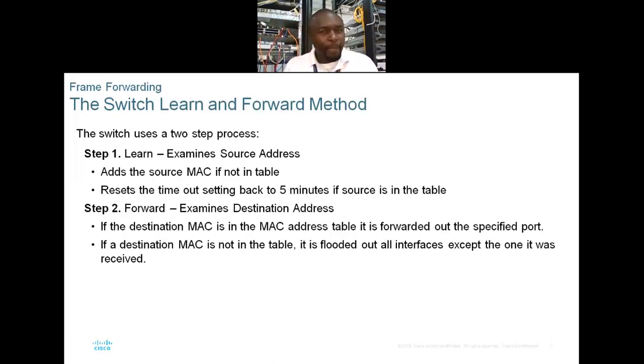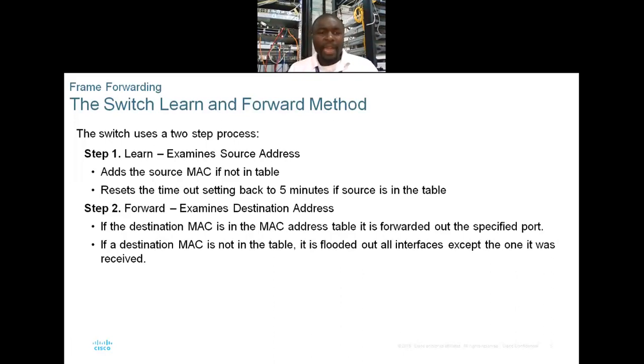In the frame there is a source MAC address and a destination MAC address. The switch trusts the source MAC address, so it documents the source MAC address in its table and maps it to the port number that it received it from. That is basically the first way it builds its MAC address table.